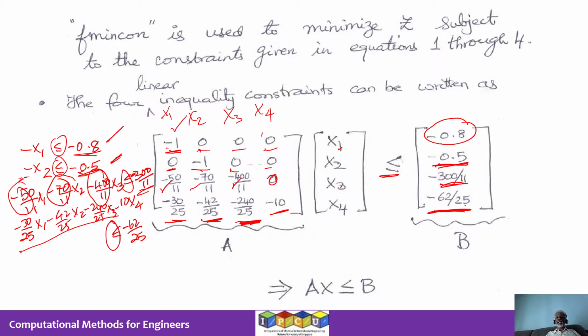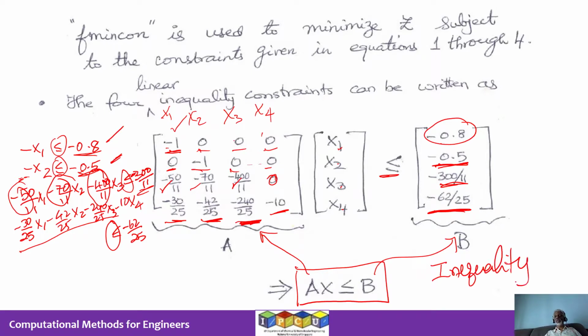So we have put all the linear inequalities into this compact form, because they are all linear. Whenever things are linear, you can put them as matrices. So we can have A times X less than or equal to B, where A is this matrix and B is this vector. These are what are called inequality constraints.